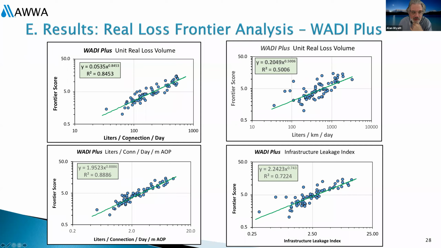Liters per connection is good. Liters per kilometer is not so good. Liters per connection per meter of pressure is good, and ILI is good, although there's some low end. Somebody was reporting something around 0.3.